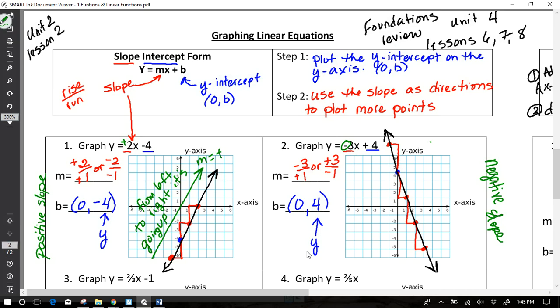Well, just like a book, from left to right, the graph is going down. So from left to right, I'm moving in the downward direction. So that tells me that my slope will be negative. So 2 different ways to identify what type of slope you have.